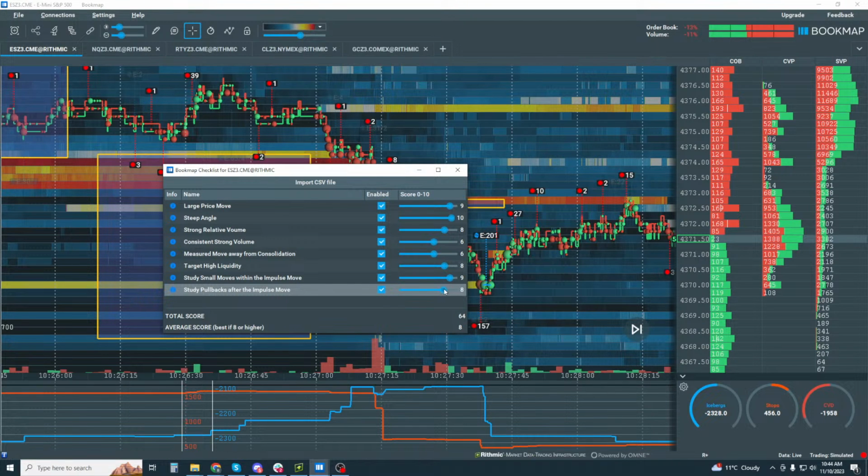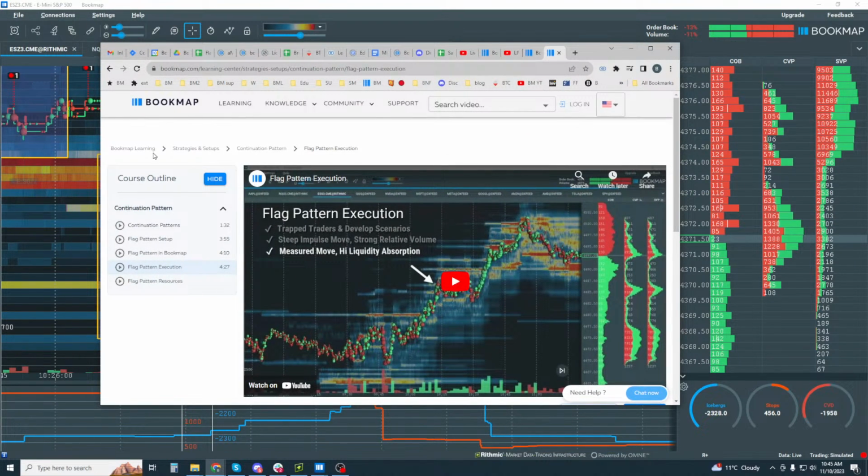Now, basically for your setup, you're looking for an 8 or better. Now this is a little different here. This is for the setup just to understand strong moves, so we're not using this for grading a setup. We're just grading the impulse move. We have it set up for the flag, like I said, from the Learning Center.